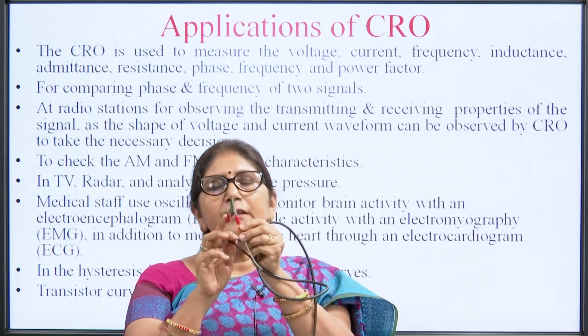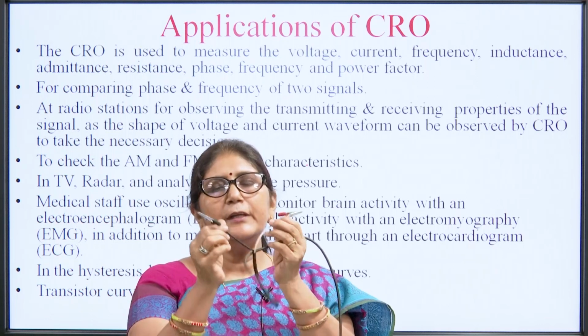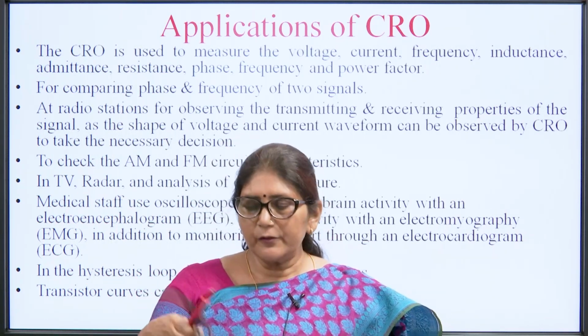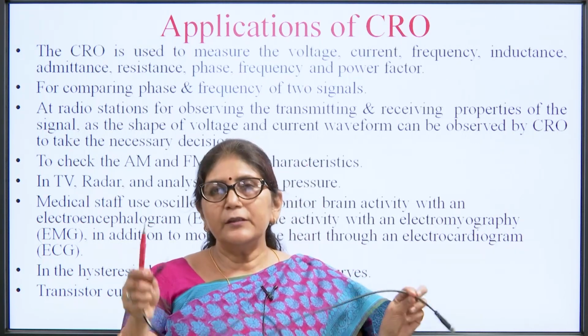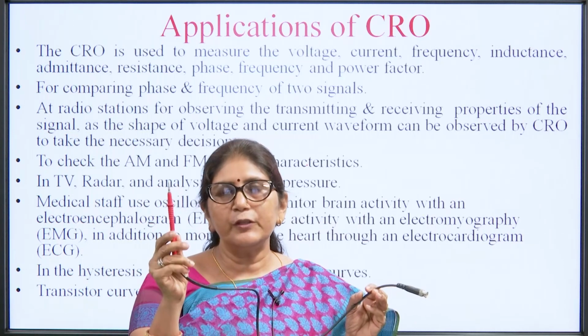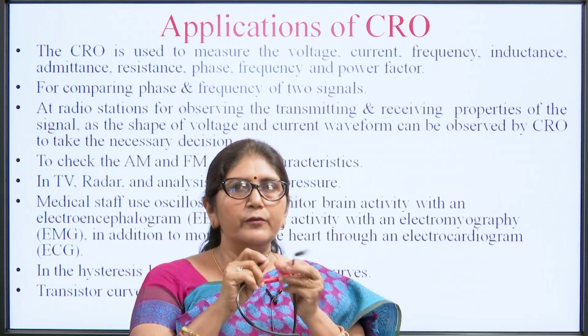Here generally the red one is used for the positive signal measurement, and the other is for the ground position. Then a third type of probe is also available, where one end is pointed and the other is a crocodile clip. The red one is generally used for the positive and the other is for the ground.